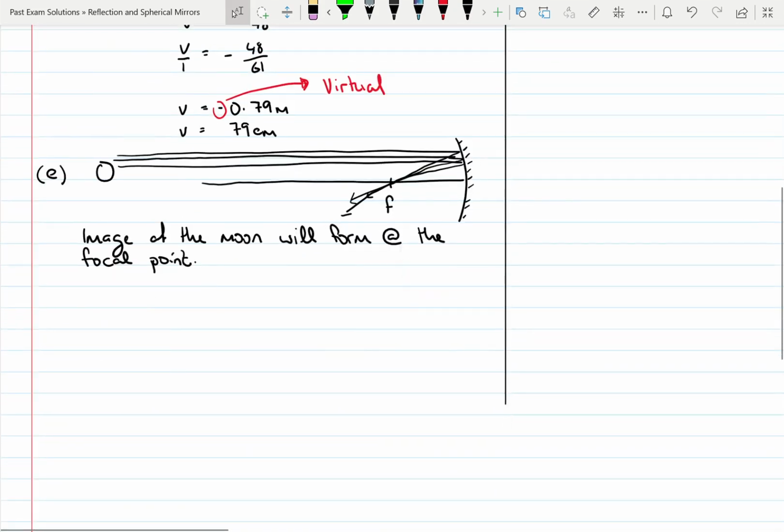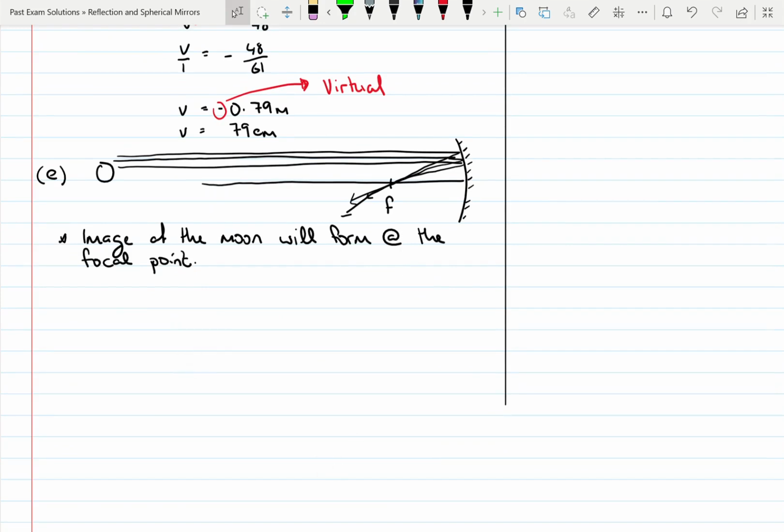Justify your answer. Okay, so it'll form at the focal point. That's what we've said. Justify your answer. We need to now say: light rays traveling from a distant object travel parallel to the principal axis.